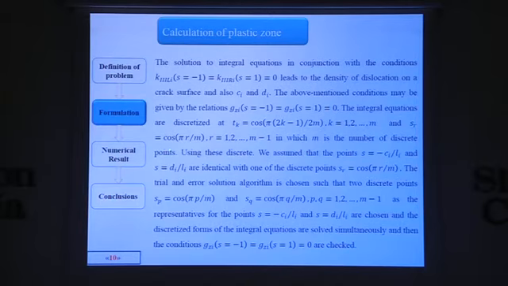We will discretize the equation at these discrete points, and finally we solve the problem, and we will find the ci and di, and we will specify the size of plastic zone.